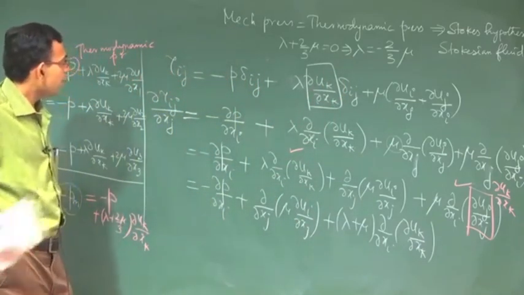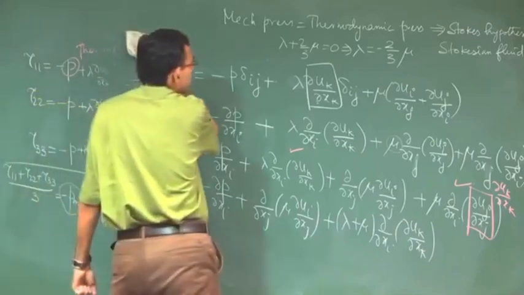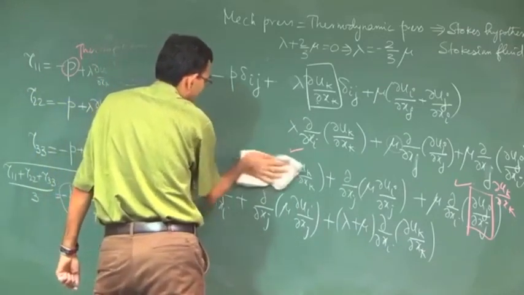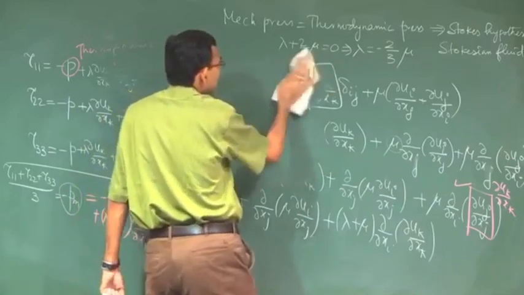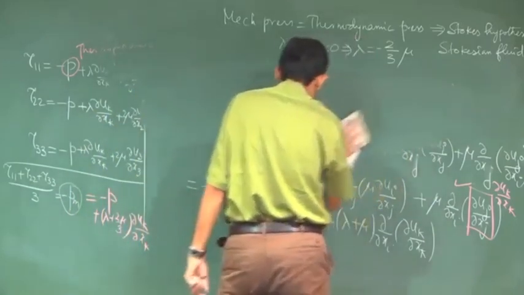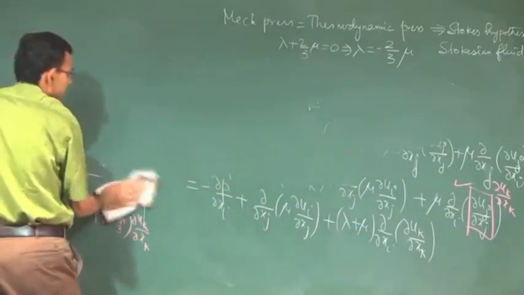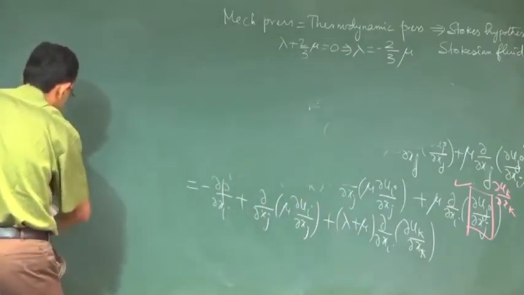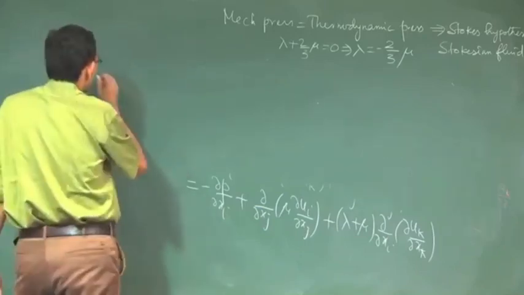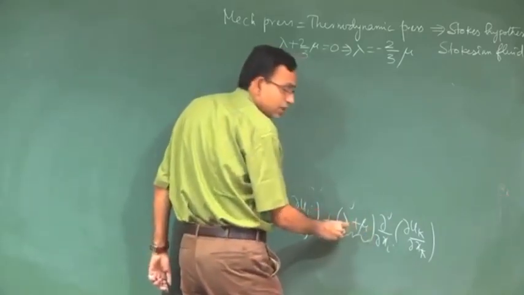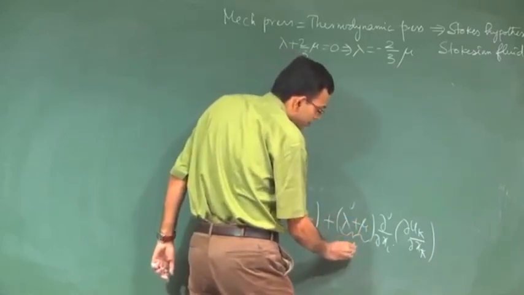So now we are in a position to write the equation of motion by using the last line on the board, which I will not erase, but I will erase most of the remaining part. So this now will become lambda is equal to minus 2/3 mu plus mu will become mu by 3.